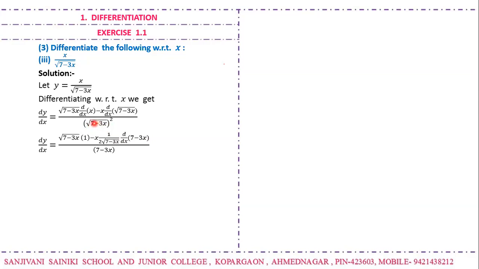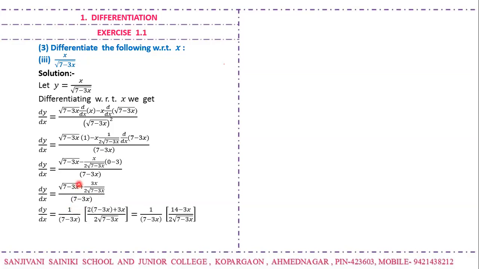So root is cancel and you get 7 minus 3x. So simplify again, you get the derivative of 7 is 0 and derivative of minus 3x is minus 3. Then root 7 minus 3x plus 3x upon 2 root 7 minus 3x divided by 7 minus 3x.